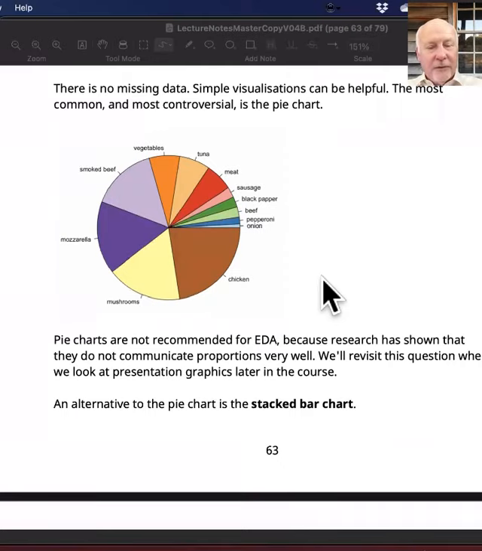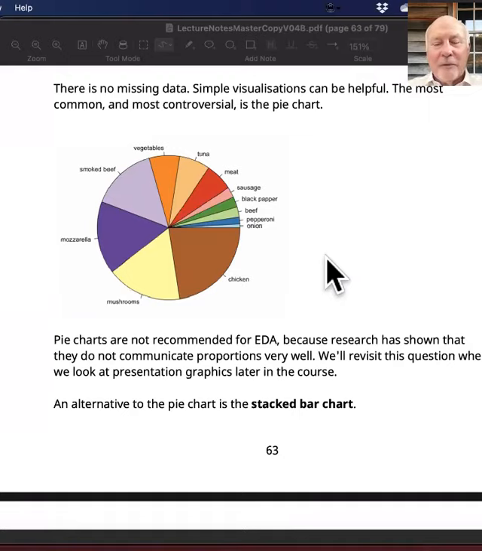I'll have a little bit more to say about this when we cover visualization for presentation graphics later in the course. But basically there has been a kind of holy war fought over the pie chart for about 100 years. These days, what you typically will find if you do a statistics course taught by a statistician is they will threaten you with dire consequences if you ever use a pie chart. They don't like them, and there's a whole story behind that.